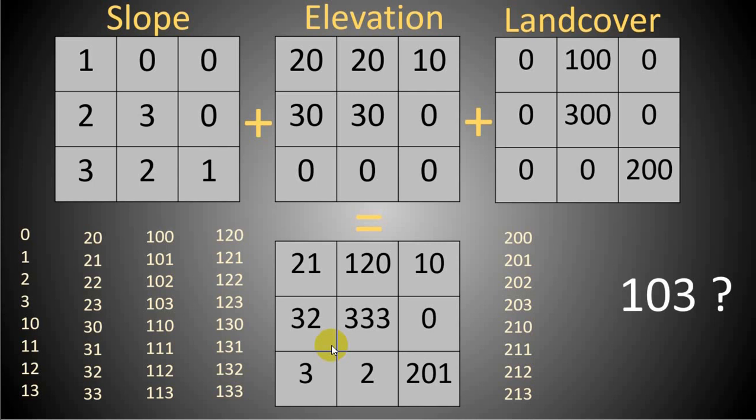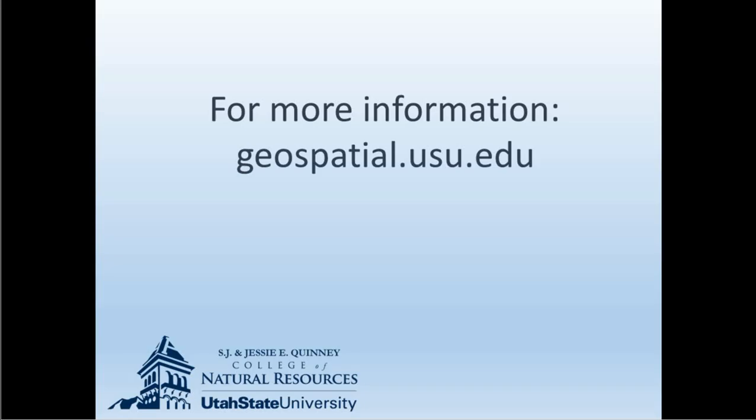Again, I should make you call me and tell me the answers so I know that you get this, but don't. 103. 100, mildly suitable land cover. 0, not suitable elevation. 3, highly suitable slope. Awesome. That is the beauty of raster modeling in a nutshell.